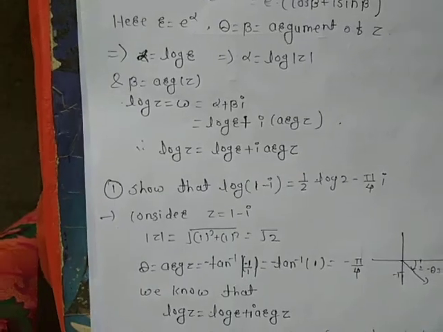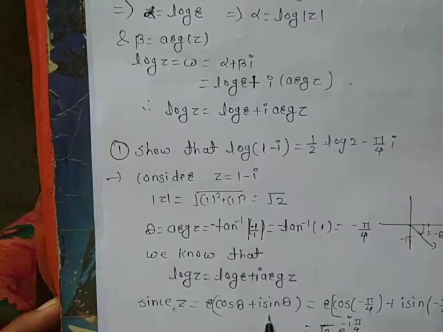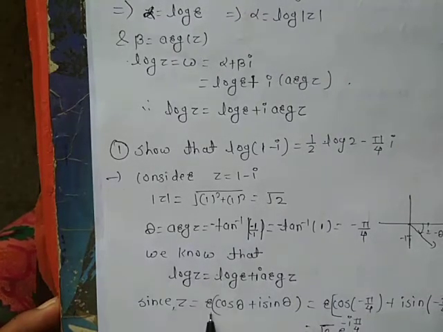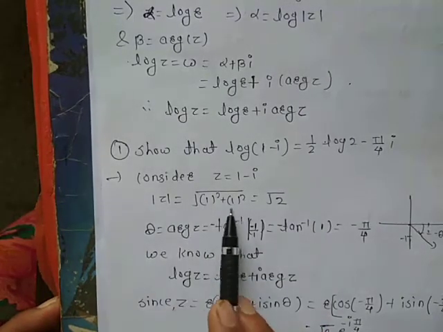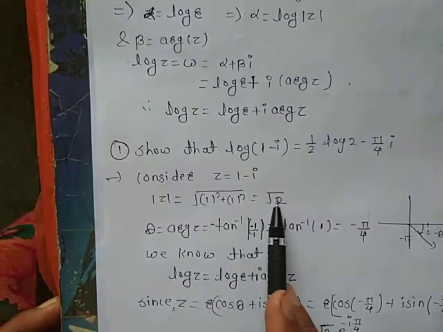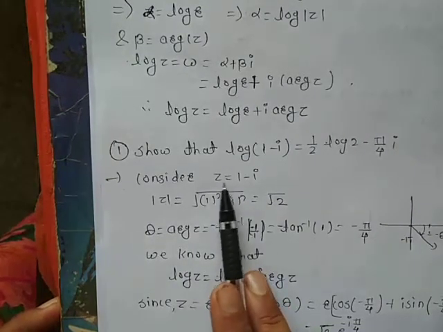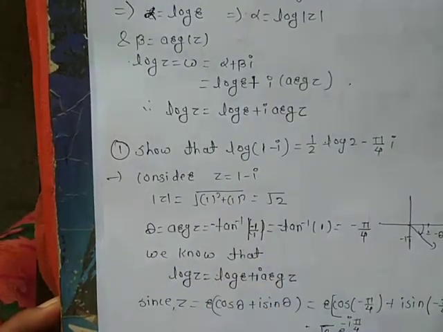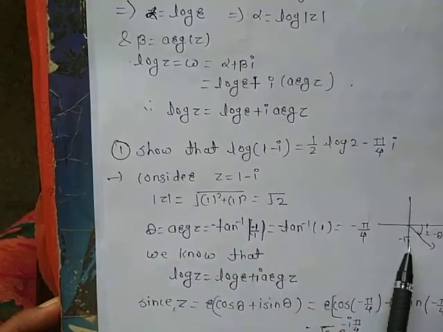The polar form of a complex number is r into cos theta plus i sin theta. For this we require r and the argument. First of all, we will find r and the argument of z. Here z is 1 minus i, so the modulus of z is under root of 1 square plus 1 square, which is under root of 2. Theta is equal to, see here students, this complex number lies in the fourth quadrant because x is positive and y is negative.